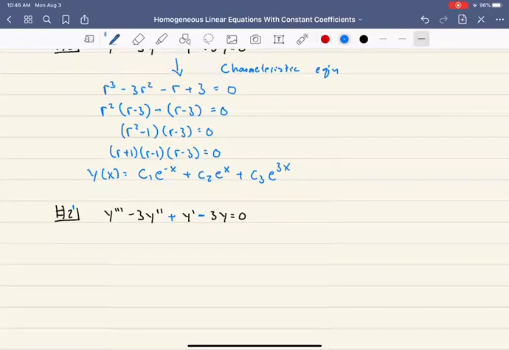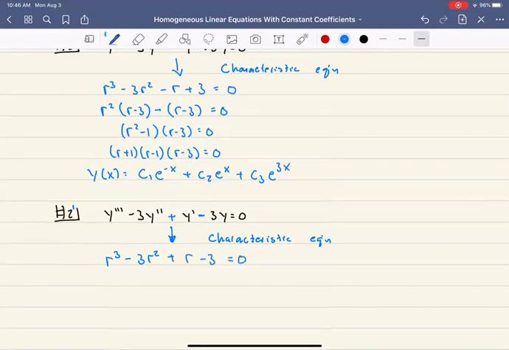So our characteristic equation is r cubed minus 3r squared plus r minus 3 equals 0.